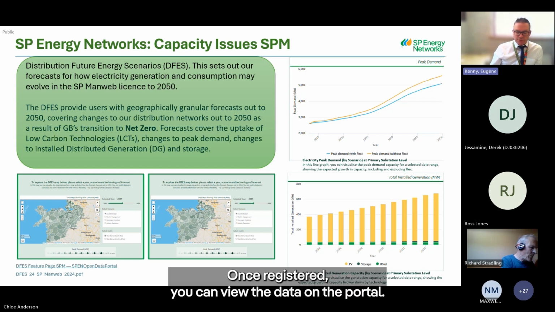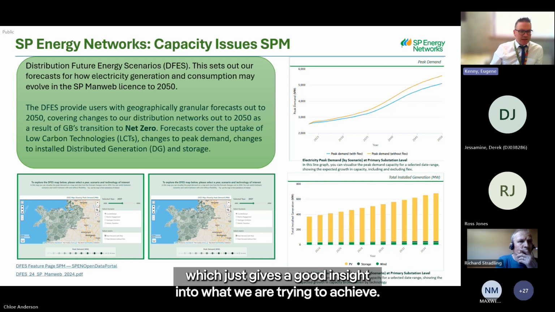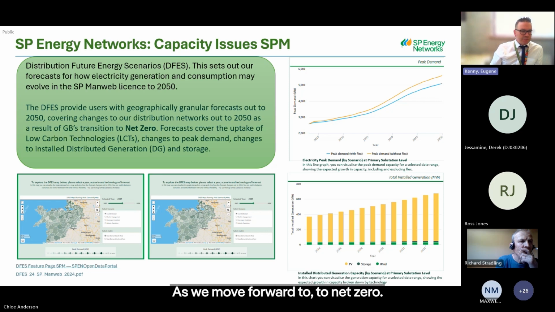Once registered, you can get the data on the portal, and I've also put a couple of links in there for the page, and also the SPM 2024 DFES document, which gives a good insight into what we are trying to achieve as we move forward to net zero.